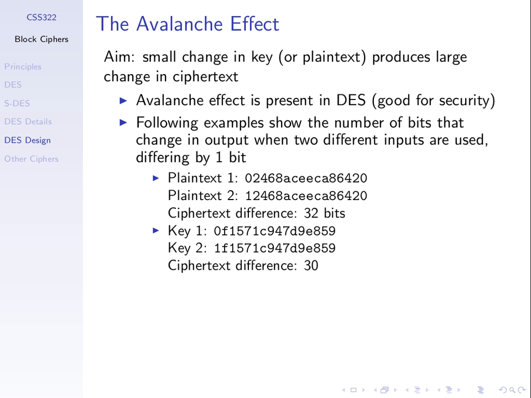We'll show these examples. The two examples here are inputs used for DES. They're shown in hexadecimal, so you can convert them back to binary. In the first example, we're going to take two different plaintext values, same key, and plaintext 1 differs from plaintext 2 by 1 bit. 64 bits in, shown as hexadecimal here.